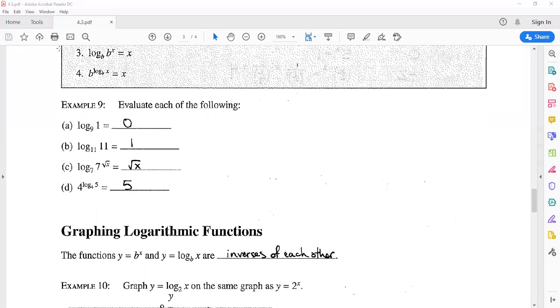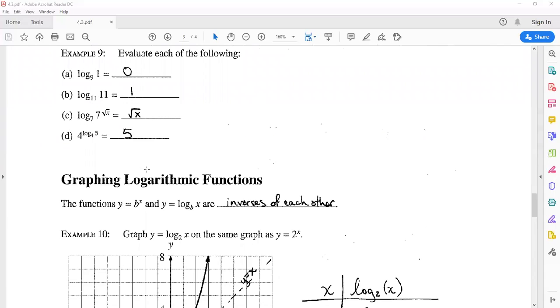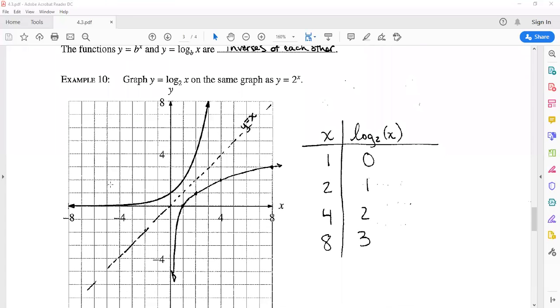Okay, and as we've stated above in examples 3 and 4, the functions y equals b to the x and y equals log base b of x are inverses of each other. In particular, their domain and range are interchanged. And we can graph them by taking the function y equals b to the x and reflecting it over the line y equals x. That's that interchange of domain and range. So let's plot a few points here too, just to be sure that that is what's going on.